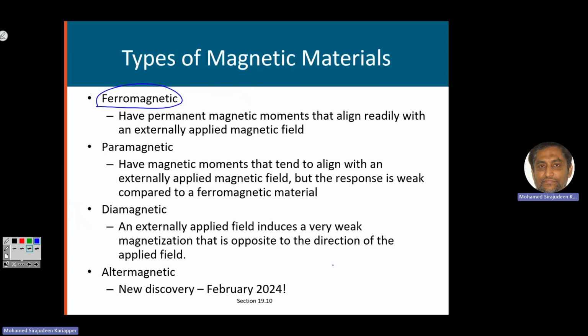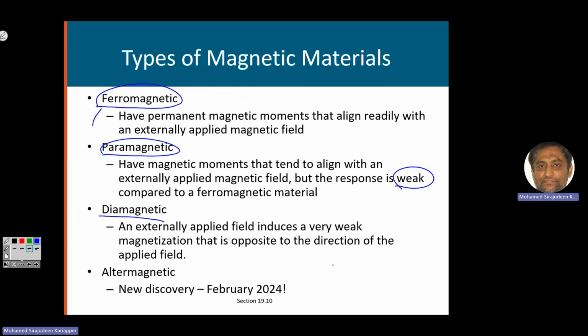They align their magnetic moment as a whole domain in the direction of the applied magnetic field. Paramagnetic is similar to ferromagnetic, but the response is weaker. They have magnetic moments that align with an external applied magnetic field, but the response is weak compared to ferromagnetic material.